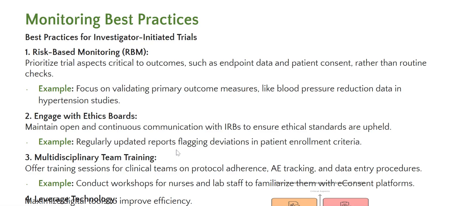For example, regulatory update reports flagging deviations in patient enrollment criteria. Multidisciplinary team training. Offer training sessions for clinical teams on protocol adherence, AE tracking, and data entry procedures. For example, conduct workshops for nurses and lab staff to familiarize them with e-consent, electronic consent platforms.